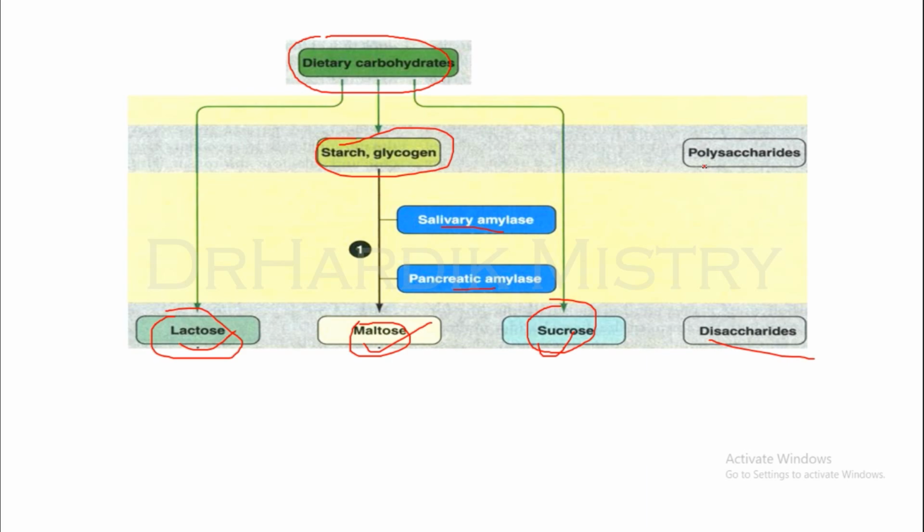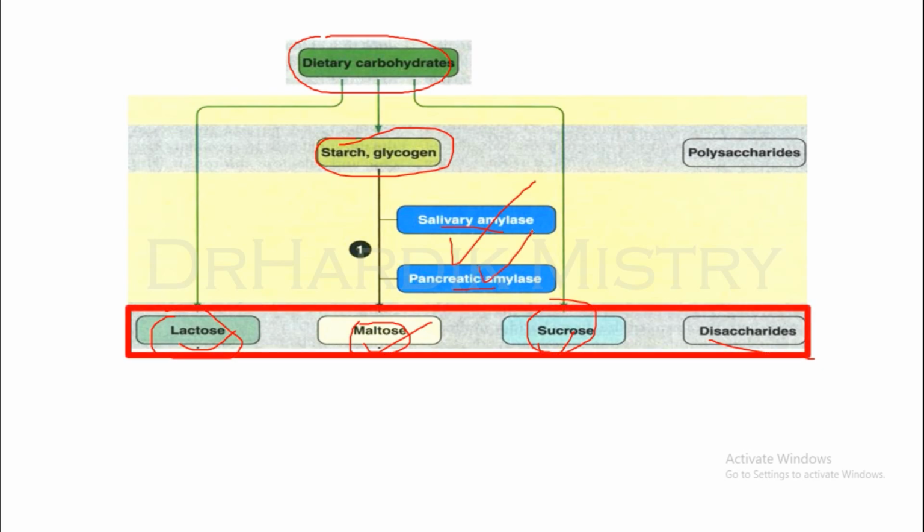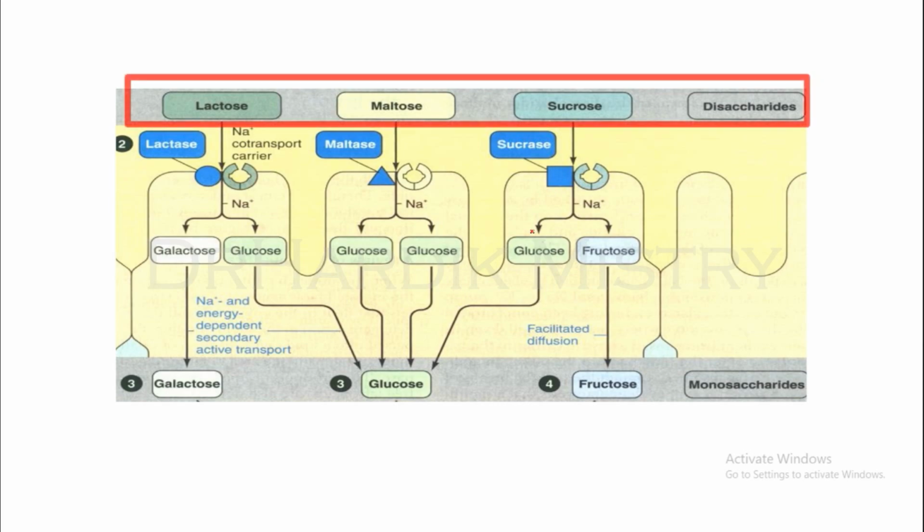This is the first phase in carbohydrate digestion, where the polysaccharides are converted to disaccharides via salivary amylase and pancreatic amylase. Now how are these disaccharides converted to monosaccharides?